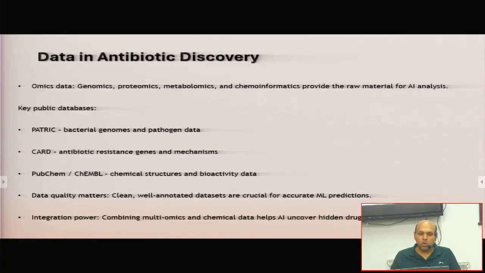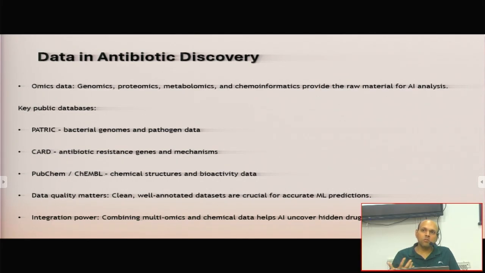So integration powers, combining multi-omics and chemical data helps AI uncover hidden drug target relationships. If you have proteomics data along with genomics or any other form of data, then obviously it will speed up the process, or it will enhance your discovery, is what it is saying.